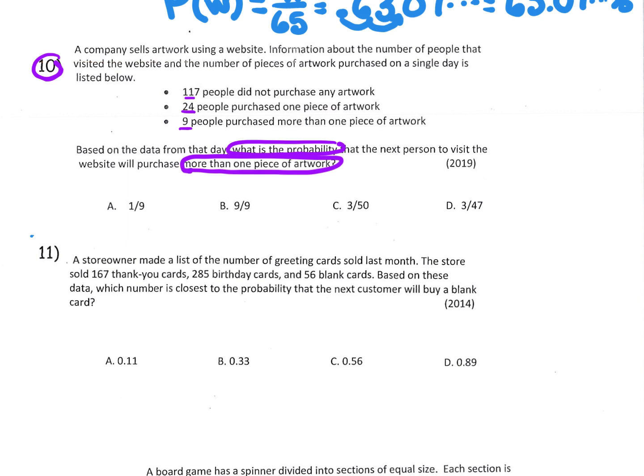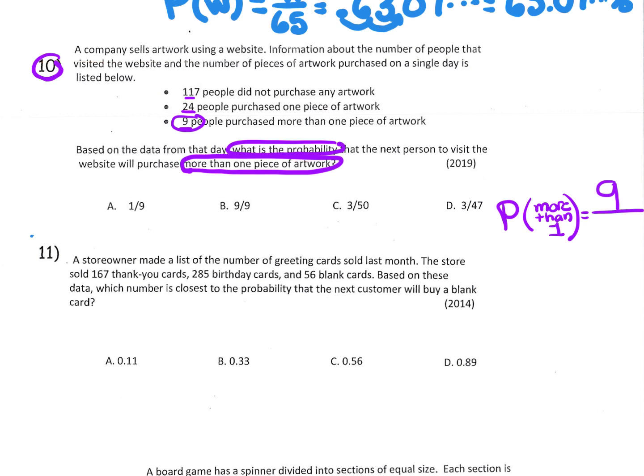When you're asked for probability, you automatically think about a fraction and, of course, part over total. We want to find the probability that the next person will buy more than one piece of artwork. We know that 9, that's our part, bought more than one piece. But what's our total? We need part over total.